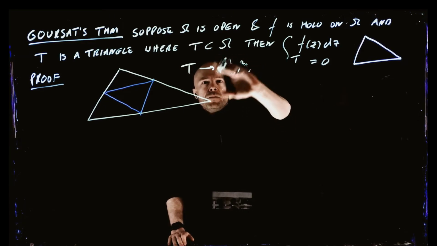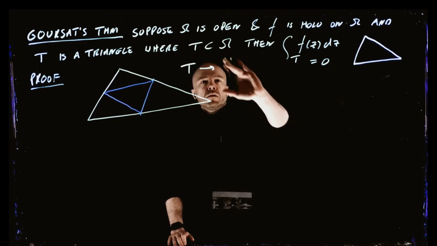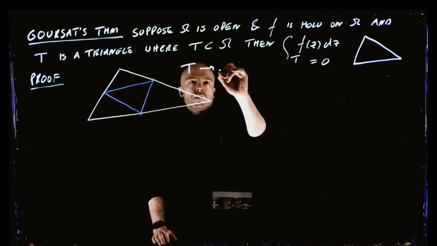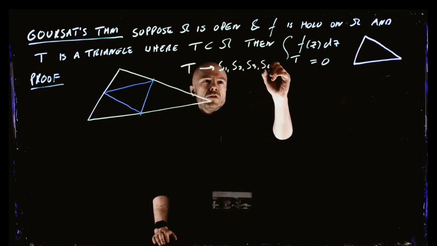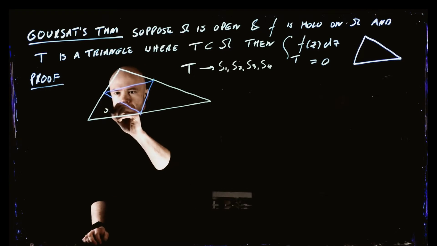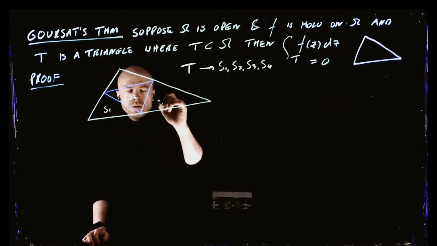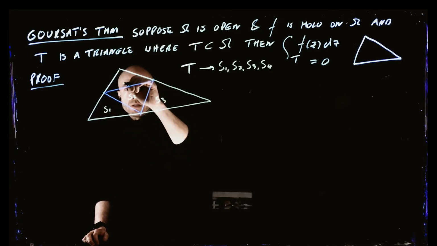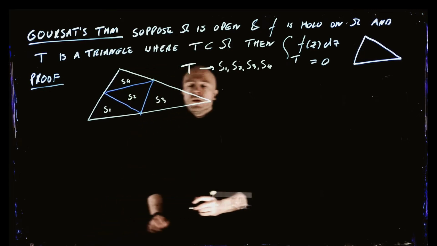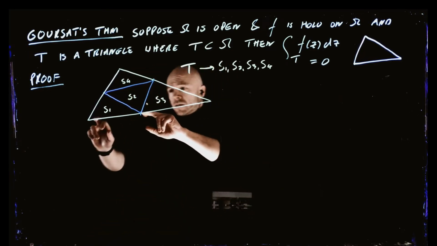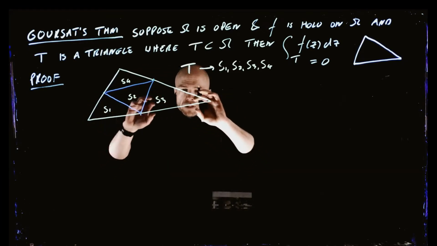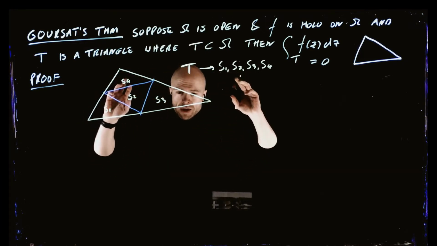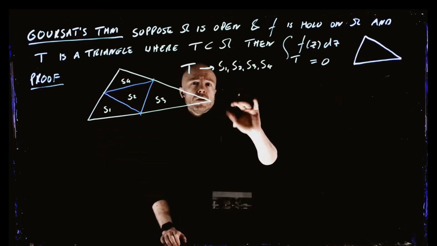Let's call them S1, S2, S3, and S4, where this is S1, S2, S3, and S4. Yeah. Then, because the side length of each one of these guys is exactly half the side length of the parent triangle, yeah, we know that the following is true.